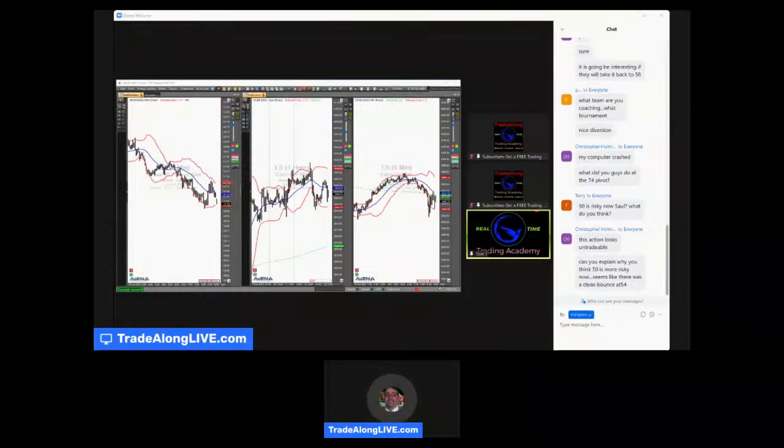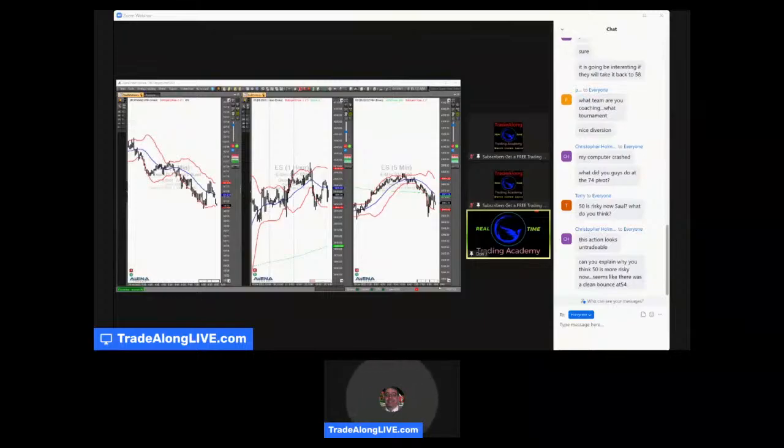Our Globex low last night was 51, 51 and a quarter, I believe. So it doesn't mean that it's not going to work. It's just that we've made a stab at it and we didn't get to it and it bounced off of it.